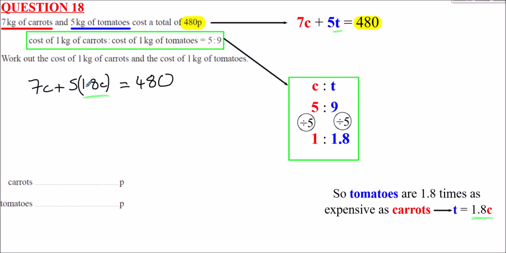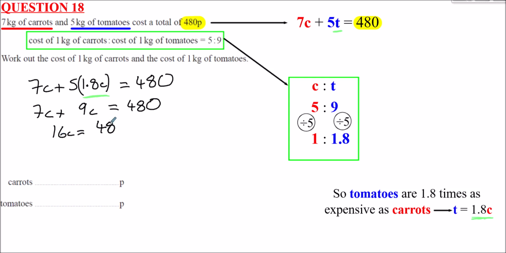So 5 times 1.8 will give 9. So we can have 7c plus 9c equals 480. 7 plus 9 is 16, so 7c plus 9c is 16c.